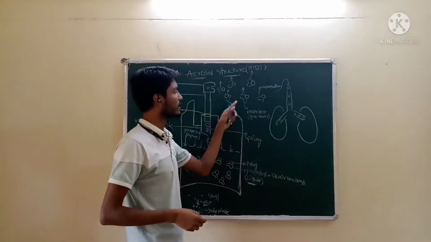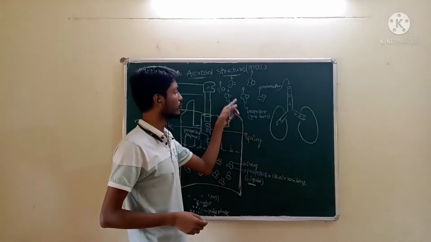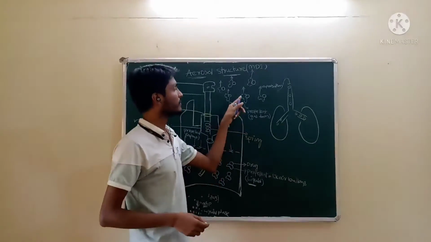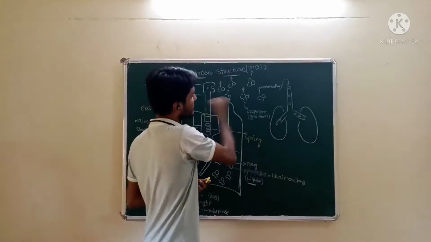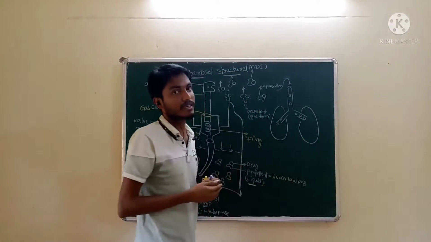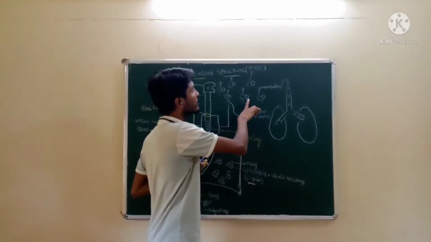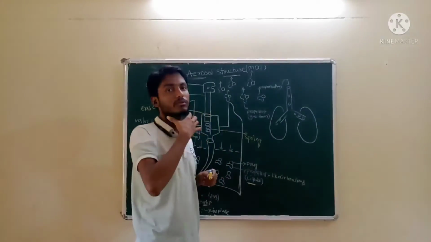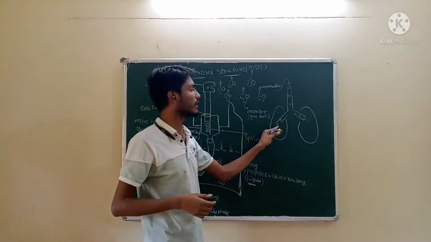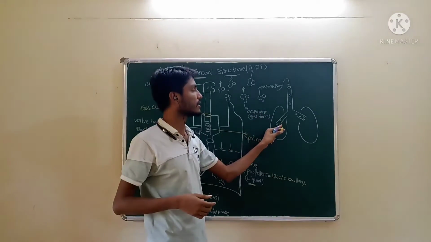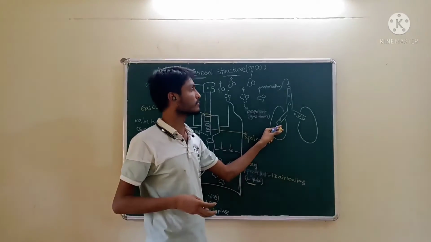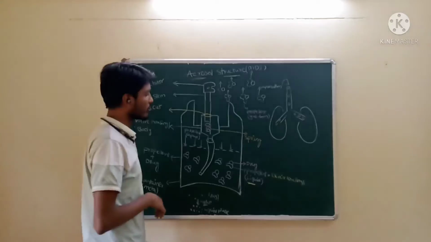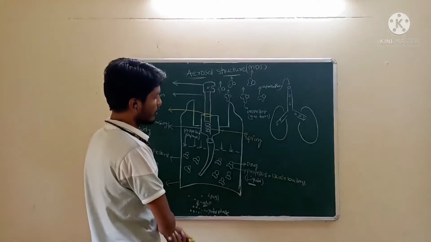When the propellant's liquid phase comes outside from the high pressure region to the low pressure region, it is converted into gaseous form. Then the gaseous form exerts pressure on the particles, and due to the pressure exerted by the propellant, the particles move into the lungs. This is about the mechanism of propellant.